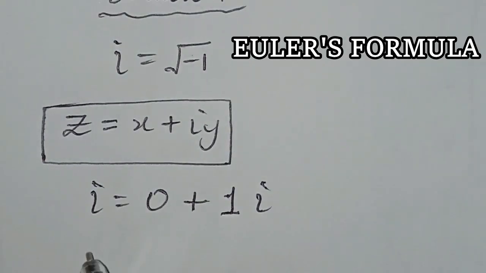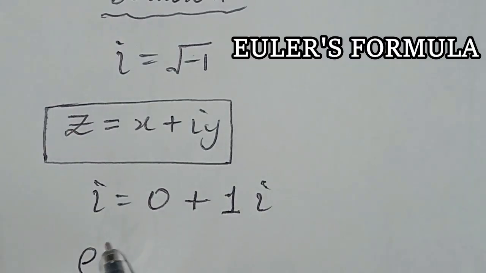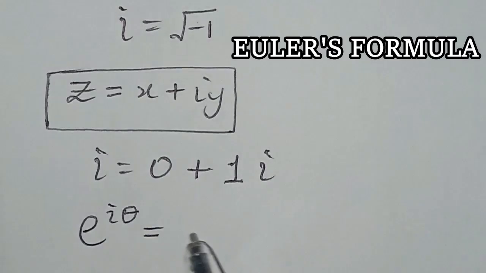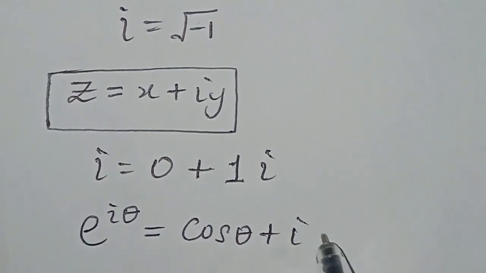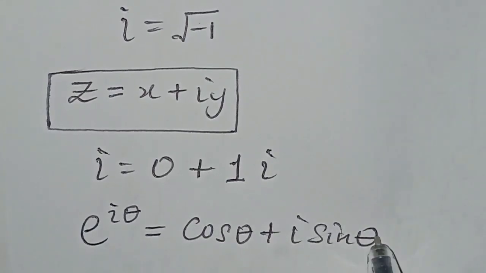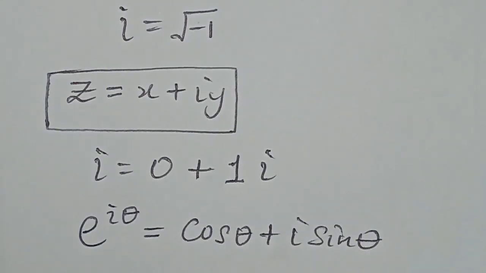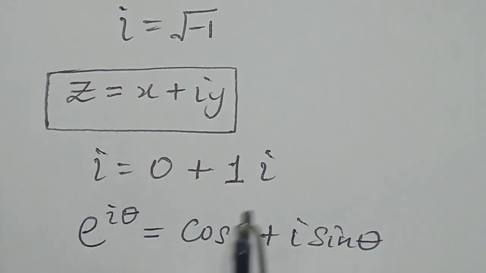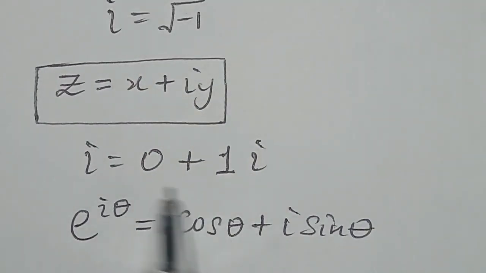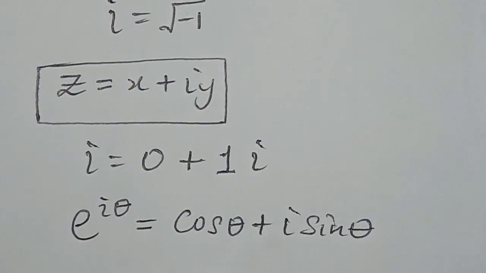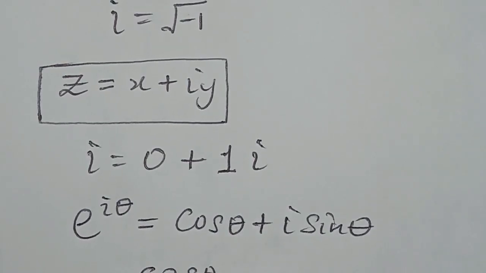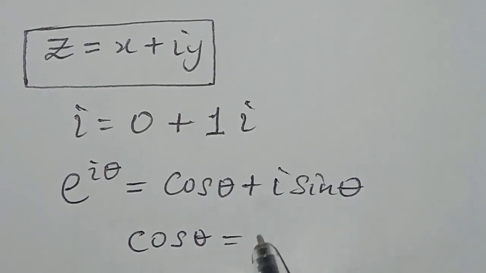From Euler's formula, which is given by e to the power of i theta is equal to cos theta plus i sin theta, this can now be compared with this over here. So if we compare this to this, we discover that cos theta will be given as 0.